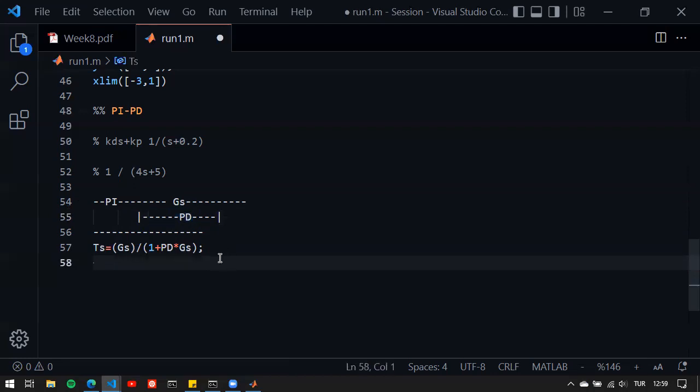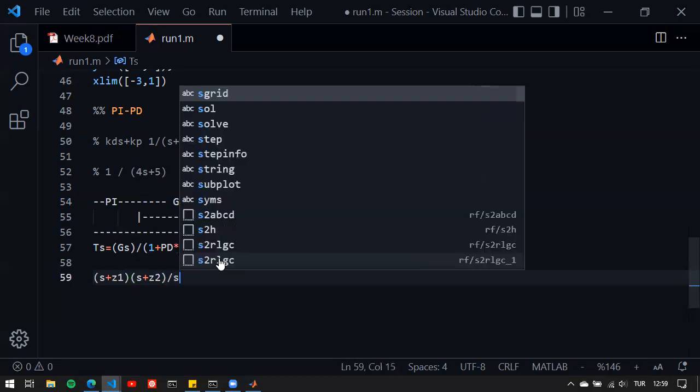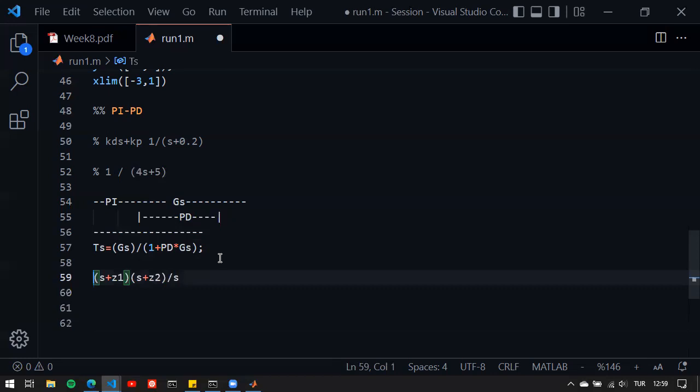Why? Because if you have a certain PID controller, what you can do is you can just take it and decompose it into its PD and PI parts. So S plus Z2, let's call it Z1, divided by S. So this is basically, let's put a K here, K times S plus Z1, S plus Z2. Now, this is a PID controller.